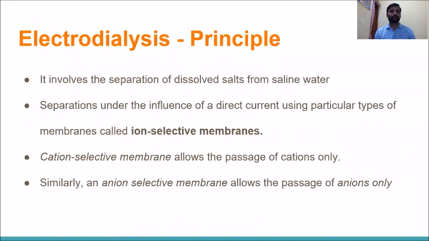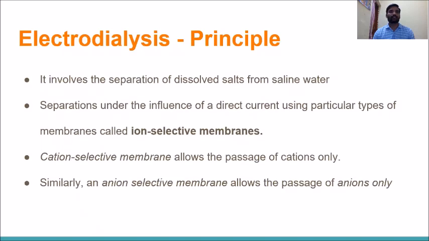Next, we will discuss the electrodialysis process. The basic principle involved is that electrodialysis involves the separation of dissolved salts from saline water in the form of ions under the influence of direct current using ion selective membranes.